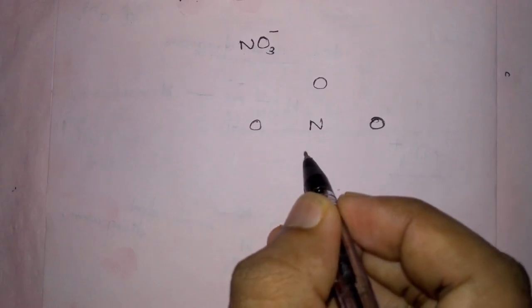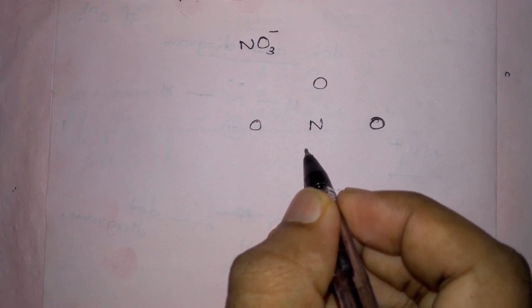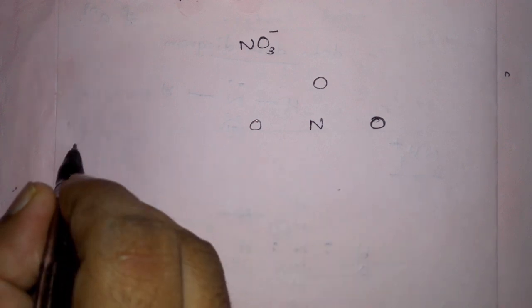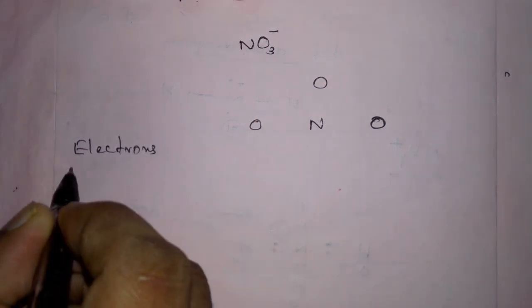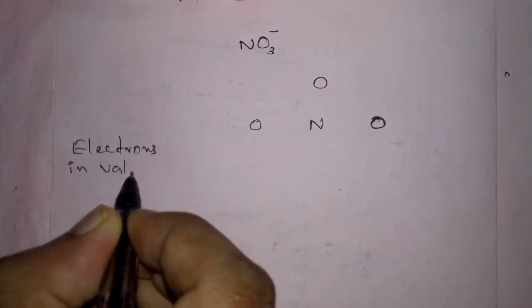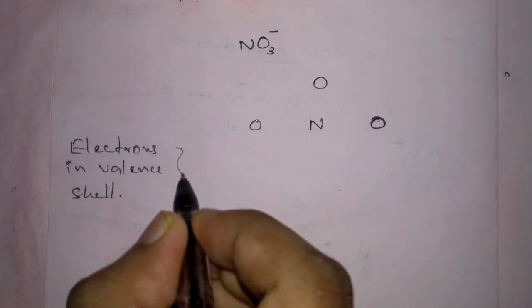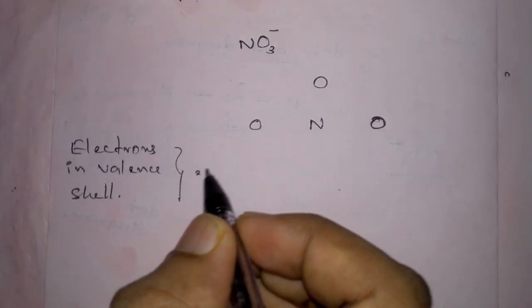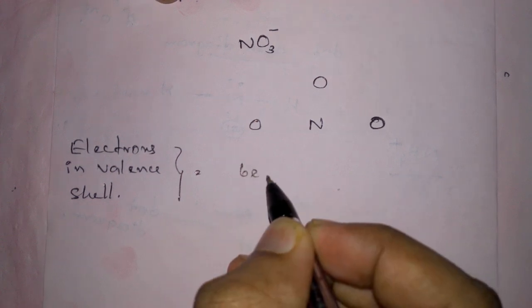Like this, and then next point is the finding of valence shell electrons in each atom. We know that oxygen is in 16th group, so it has 6 electrons in the valence shell.